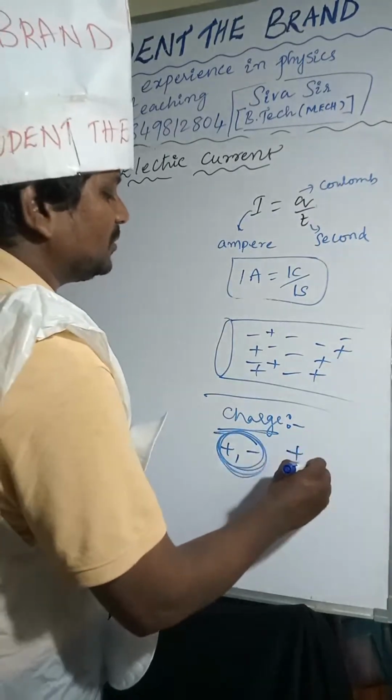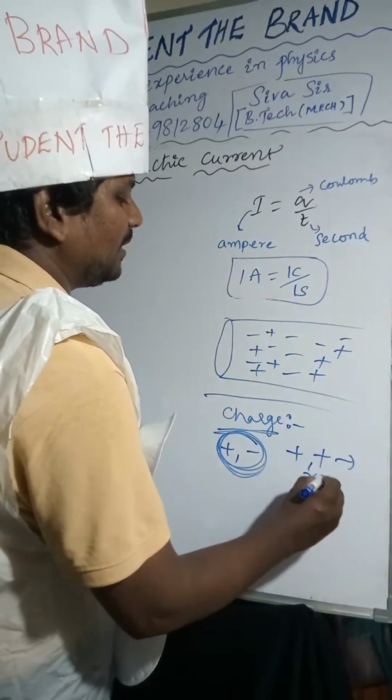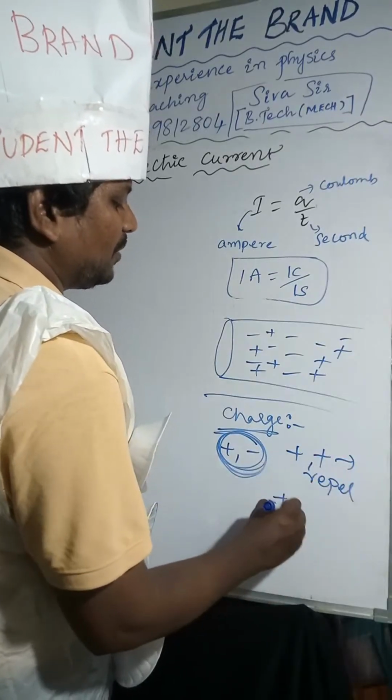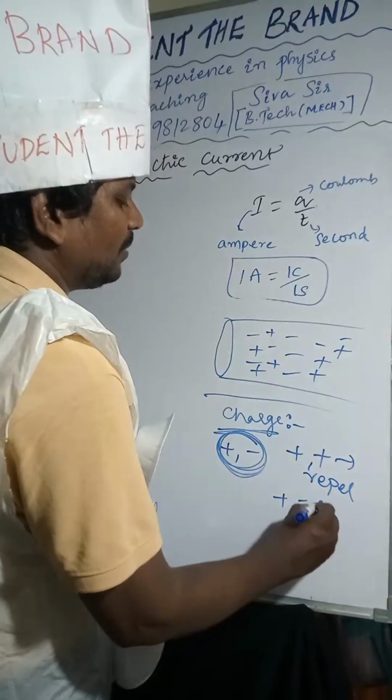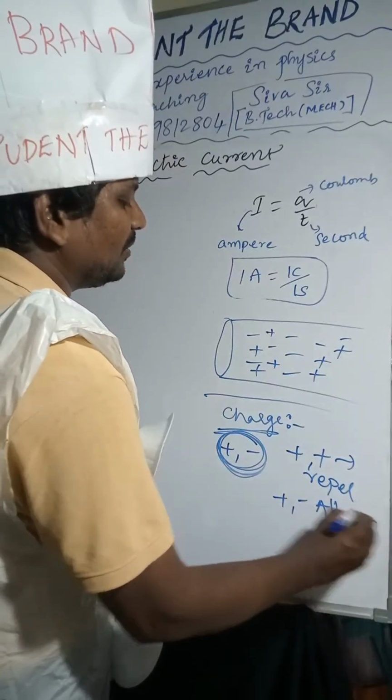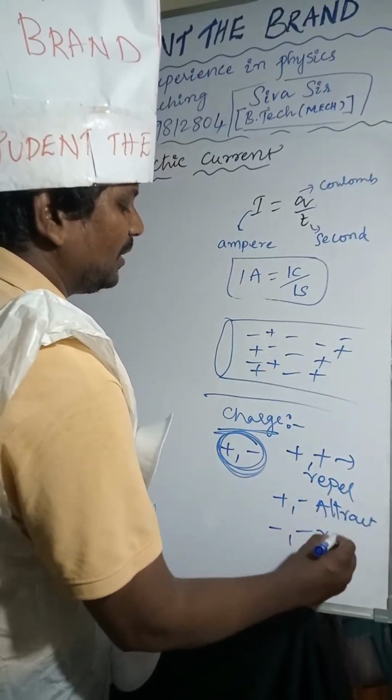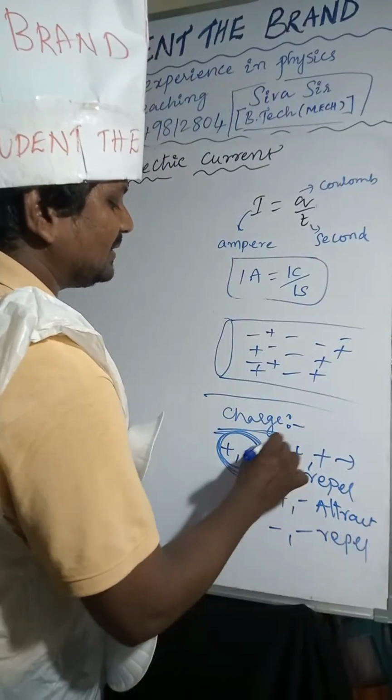Positive will repel positive, positive and negative will attract, negative will repel negative.